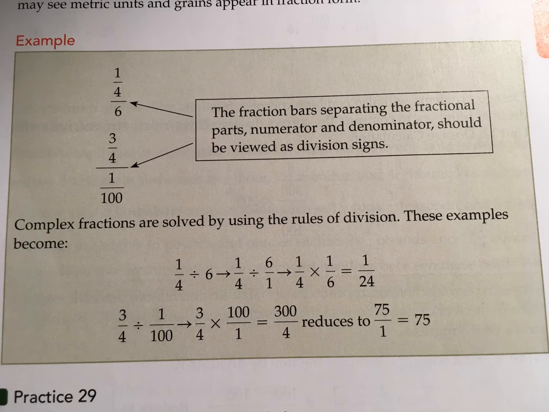So we're going to flip the second one, basically the smaller number. Then you multiply straight across, 300 over 4, which reduces down to 75 over 1, or 75. Okay, so this again is on page 71 in your text.